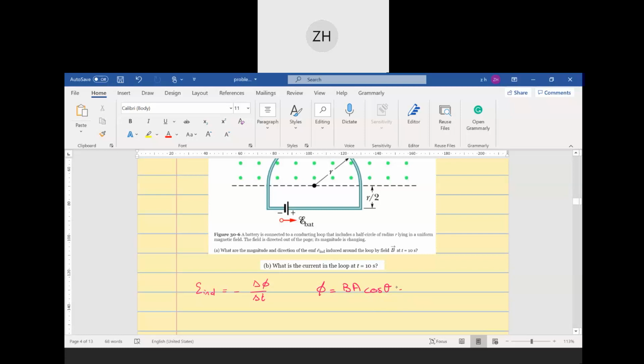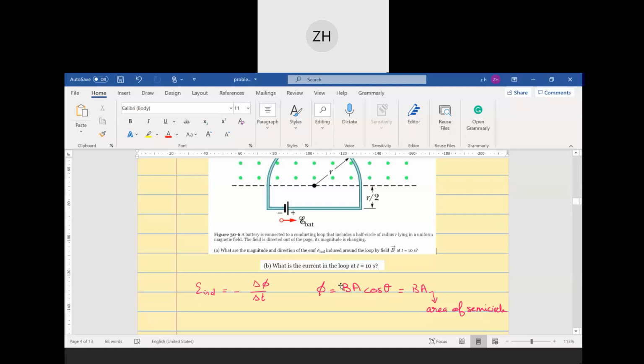So phi is just B times A. And of course, the area here is the area through which the magnetic field is passing. So we check the part of the loop's area that is lying within the magnetic field lines. And that's not the whole area of the loop. It's just the area of the semicircle.